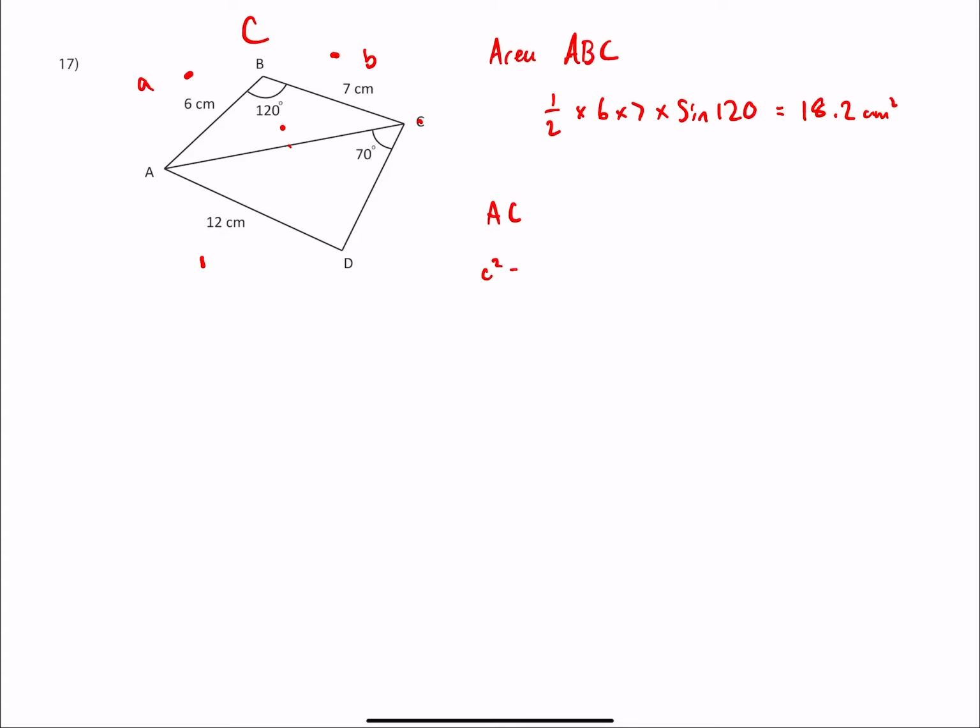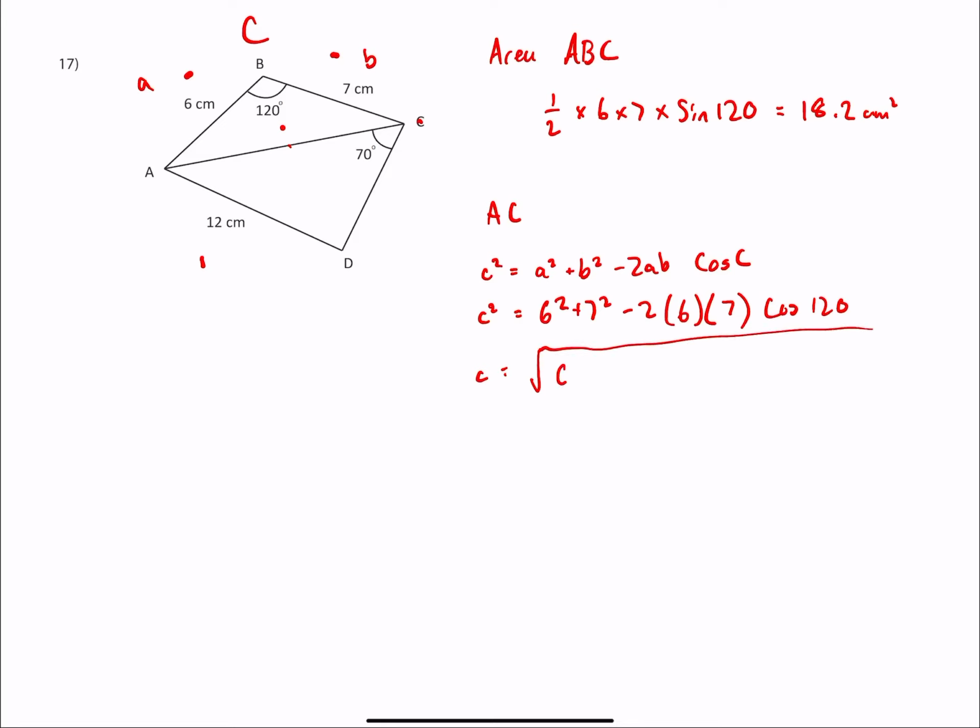Same formula as before, c squared equals a squared plus b squared minus 2ab cos C. So my c side is unknown, so c squared equals 6 squared plus 7 squared minus 2 times 6 times 7 times cos of the angle 120. Square root all of that. Okay. Again, going to quickly do it on my calculator.